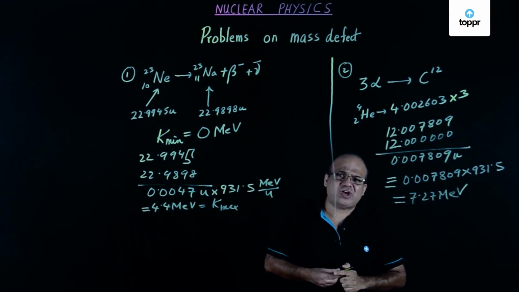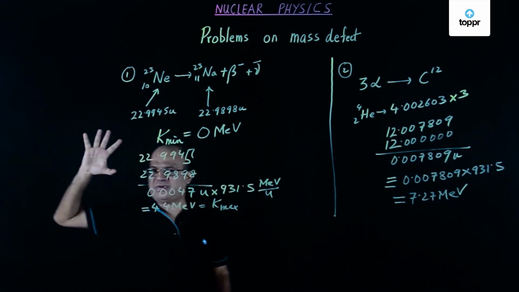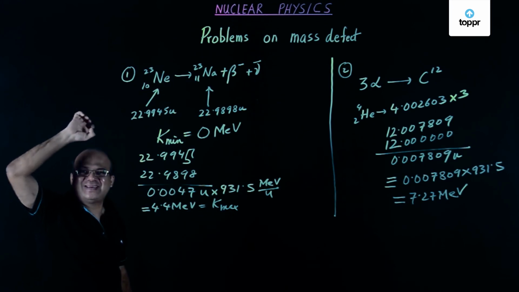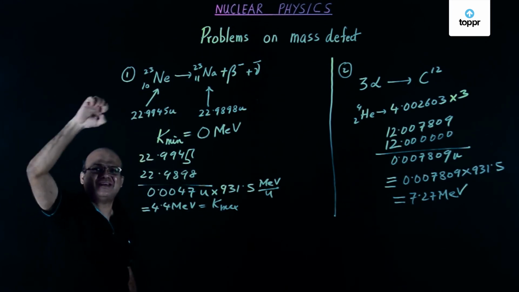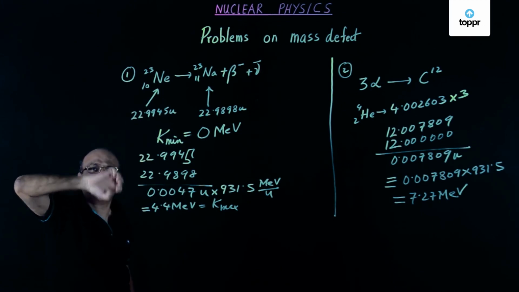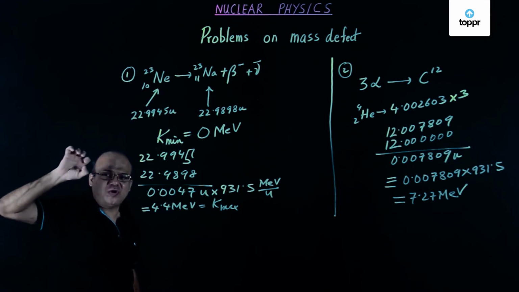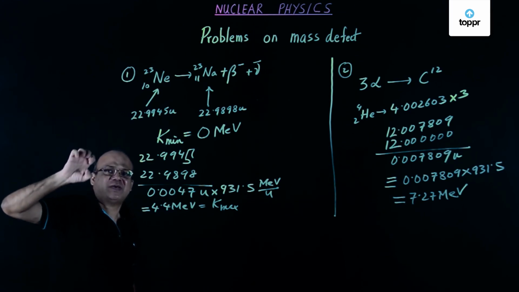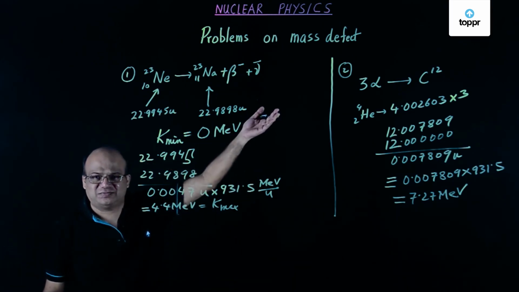So this is how you solve problems on mass defect. Mass defect is the mass of reactants minus the mass of products. So find the difference in mass in unified atomic mass units. Don't bother if the mass of the atom is given in place of the mass of the nucleus, because the electrons cancel out.